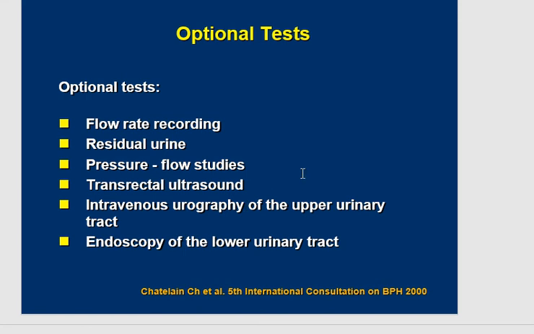Transrectal ultrasonography can be done to visualize the prostate, and previously we have been doing IVP, but now it's not done. And then during endoscopy one can get an idea of the prostate, whether it is enlarged or not, and what the bladder looks like inside.